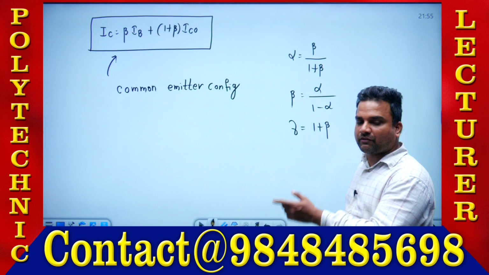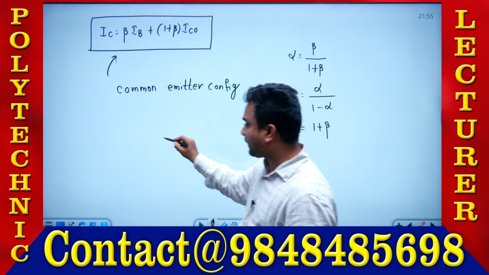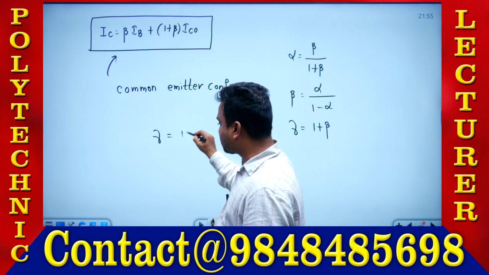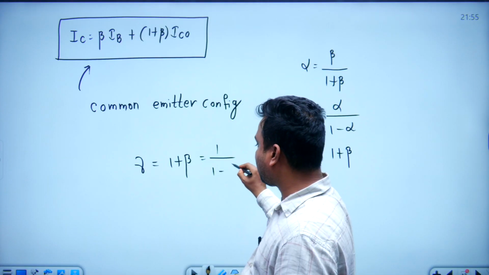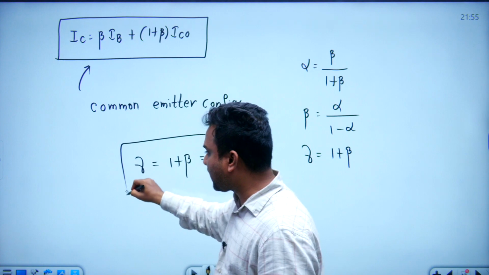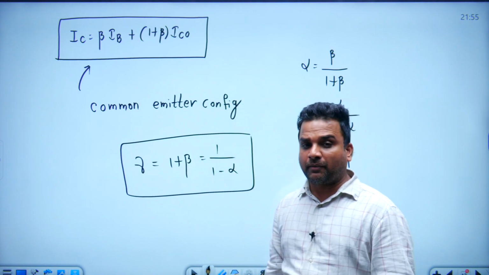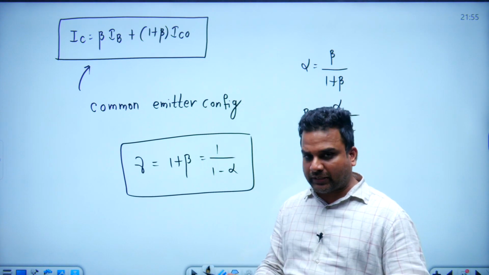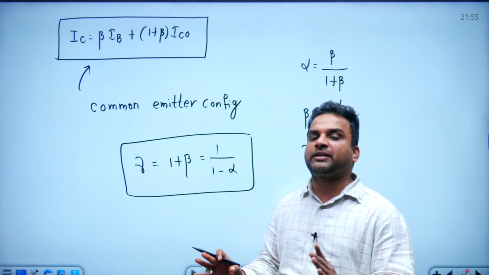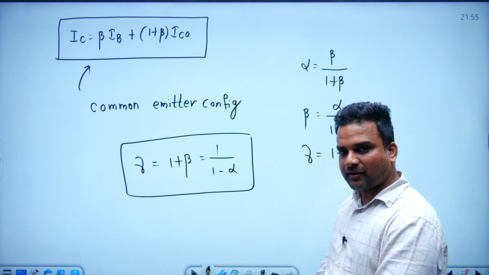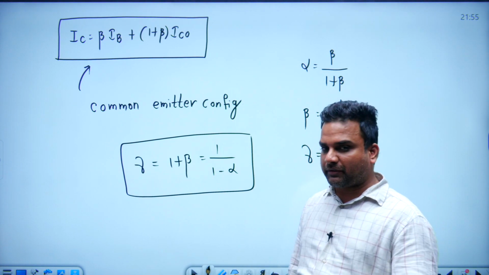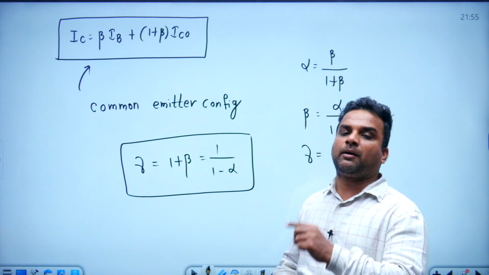Just now in the derivation we have derived that gamma is 1 plus beta, that is equals to 1 by 1 minus alpha. This is the relationship between alpha, beta, gamma, that is gamma is equals to 1 plus beta is equals to 1 by 1 minus alpha.